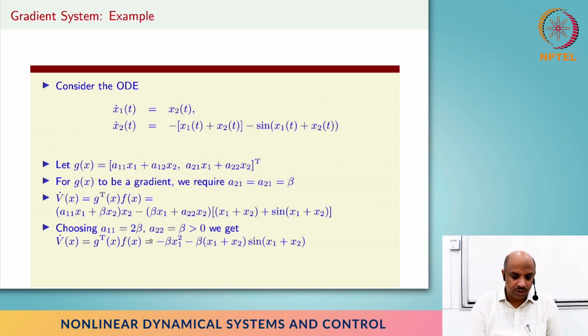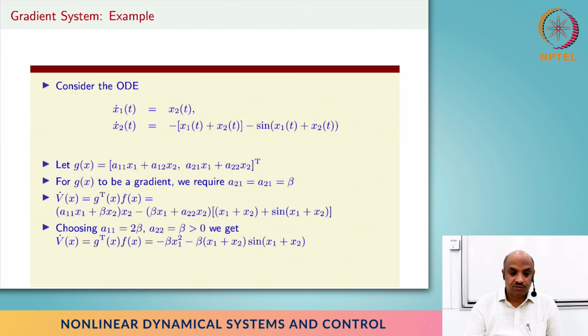Those are the only two parameters left now in terms of beta, and then we will eventually end up with this nice looking minus beta x1 square minus beta of x1 plus x2 times sine of x1 plus x2. Now we know that x1 plus x2 times sine of x1 plus x2 is positive if x1 plus x2 is between minus pi and pi, right? And so that's a much bigger region than what the local notion of linearization will provide.